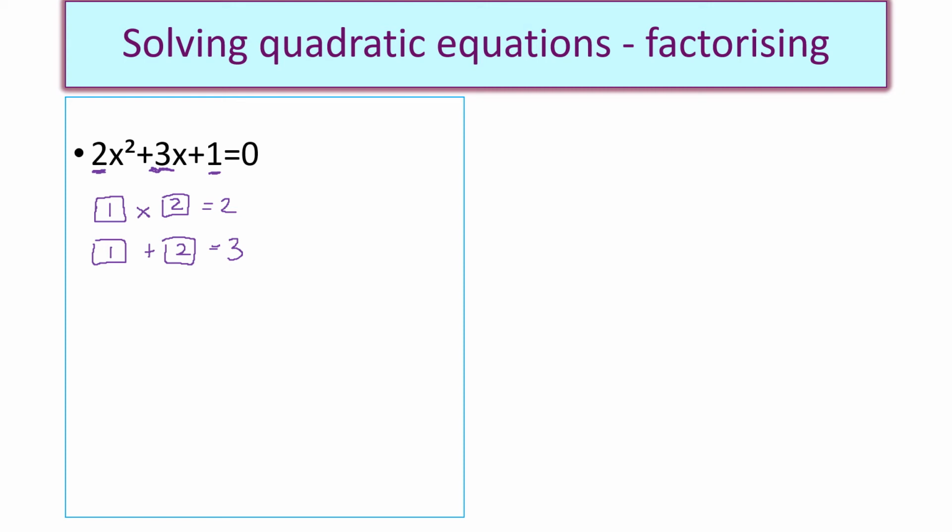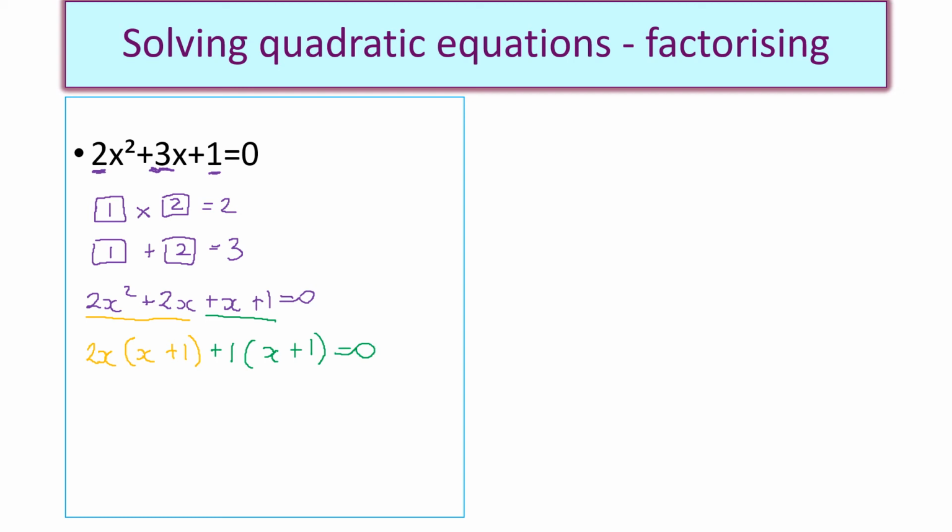Now I'm going to rewrite the equation using 2x and x. Now I'm going to factorize the first two terms. So that's 2x, then x plus 1. And then I'm going to factorize the other two. The highest common factor here is actually 1, and I have x plus 1 in the brackets.